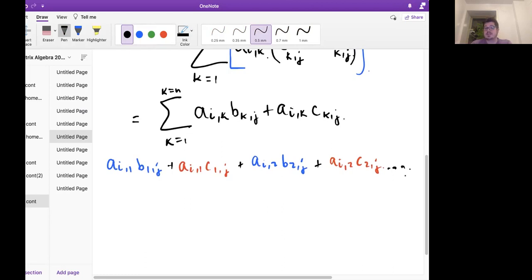Everyone agree that's how you express the sum as a large sum with a lot of terms? All right, we know that summing is commutative, so I can rearrange the order in which I sum things. So why don't I take all the ones with A and B together and put that into one sum?